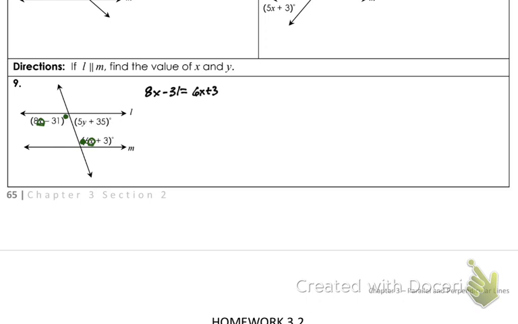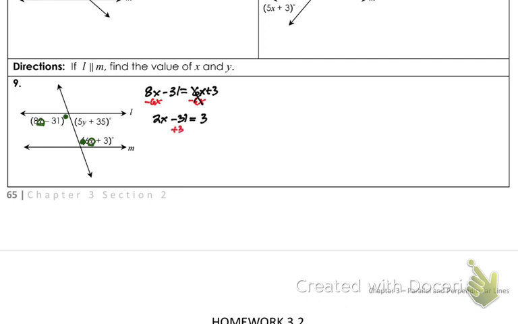A little bit more difficult algebra because I do have variables on both sides. But remember, the idea is still the same. I want all the x's on one side and all of the numbers on the other side. So I'm going to subtract 6x from both sides. That gives me 8x minus 6x, which is 2x minus 31 equals, well, 6x cancels out, and I have plus 3.